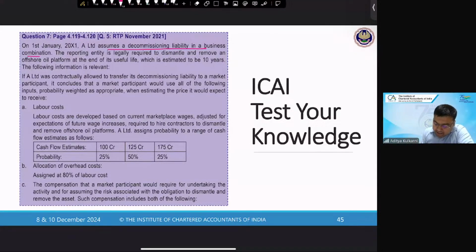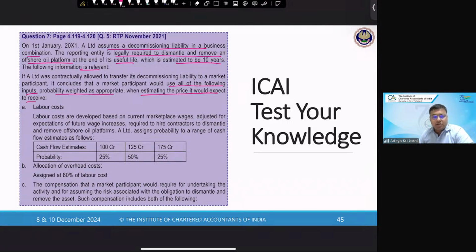The reporting entity is legally required to dismantle and remove an offshore oil platform at the end of its useful life, estimated to be 10 years. The following information is relevant. If A was contractually allowed to transfer its decommissioning liability to a market participant, it concludes that a market participant would use all of the following inputs, probability weighted as appropriate, when estimating the price it would expect to receive.